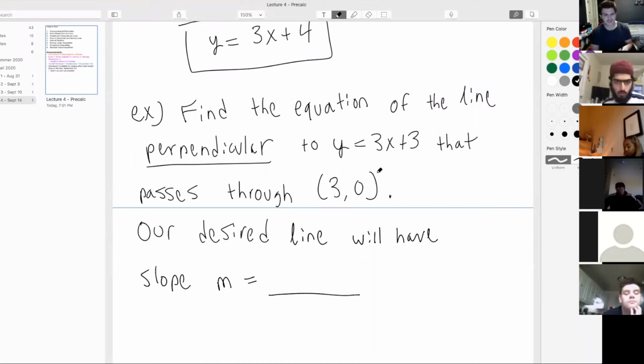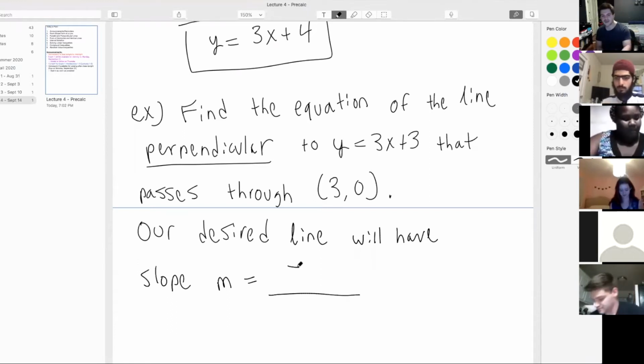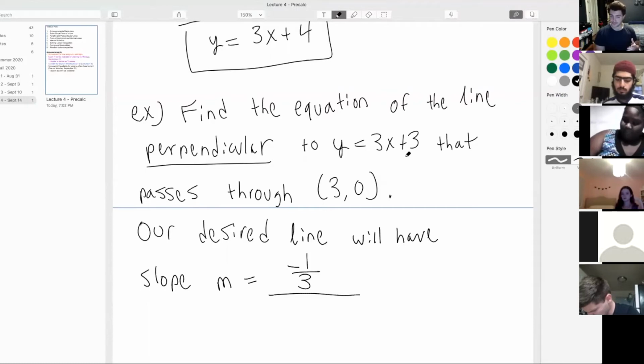Does someone want to answer this? I heard like 3 people say it, and I think I heard -1/3. Yes, that is exactly correct. Our given line has slope 3. We want something perpendicular to that, so we take the negative reciprocal of 3, and that's -1/3.